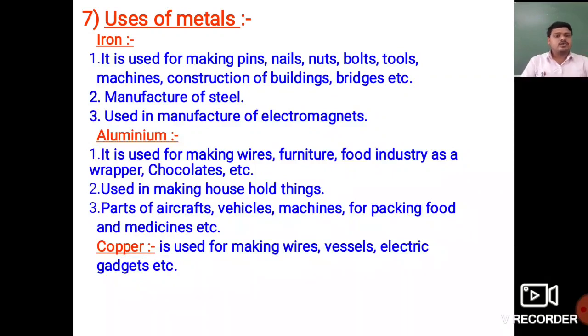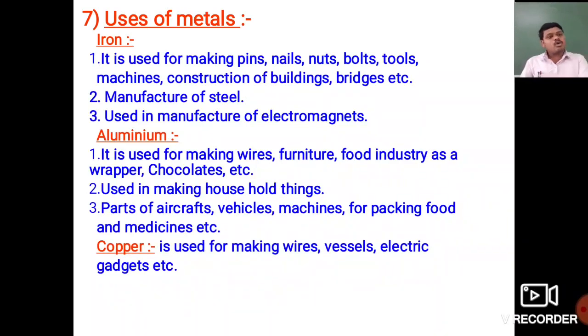That's why aluminium is used in the manufacturing of wires and in making household things like vessels and pressure cookers. These are all manufactured using aluminium.